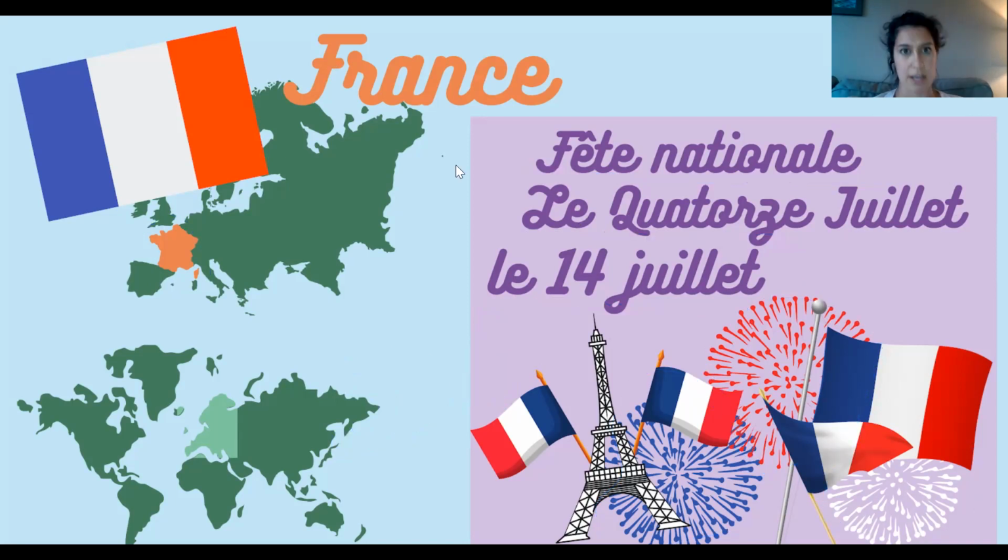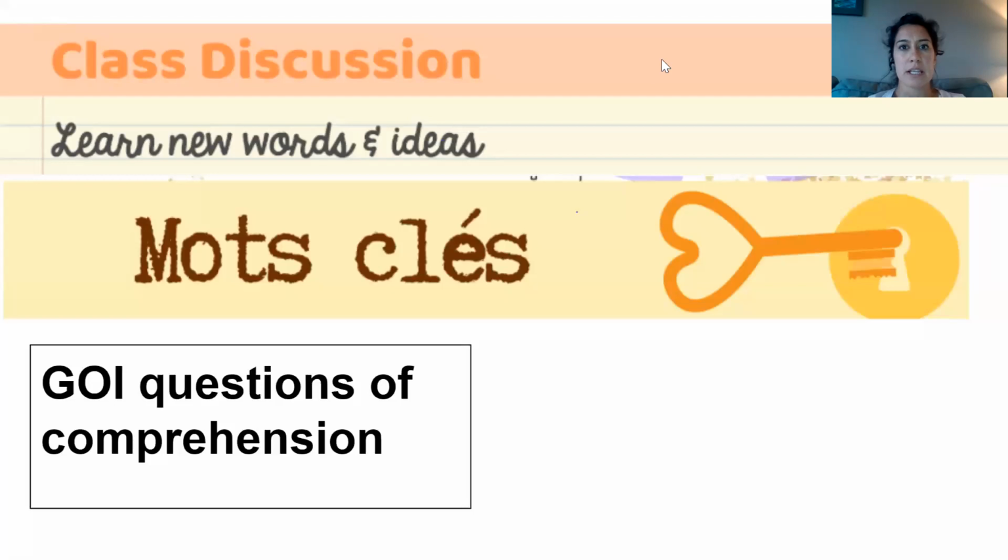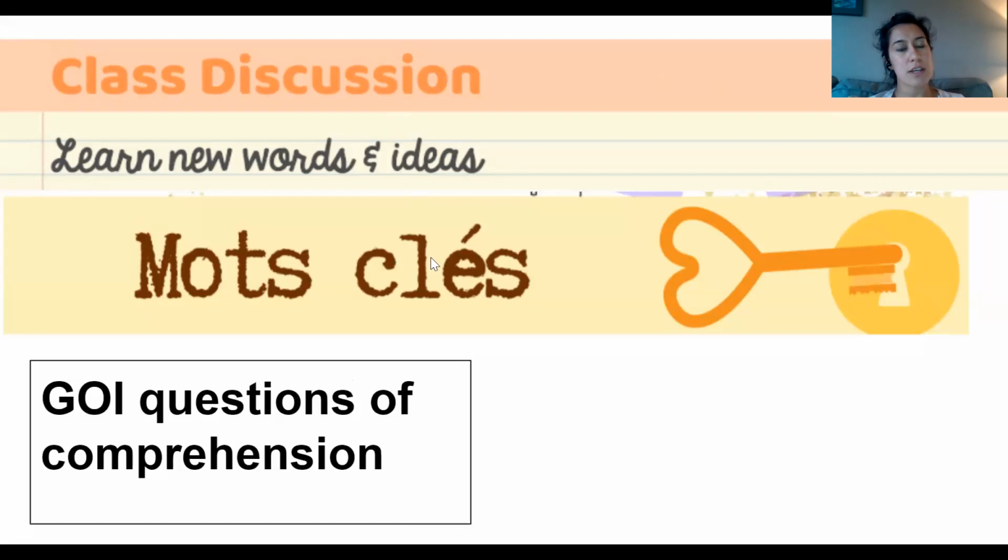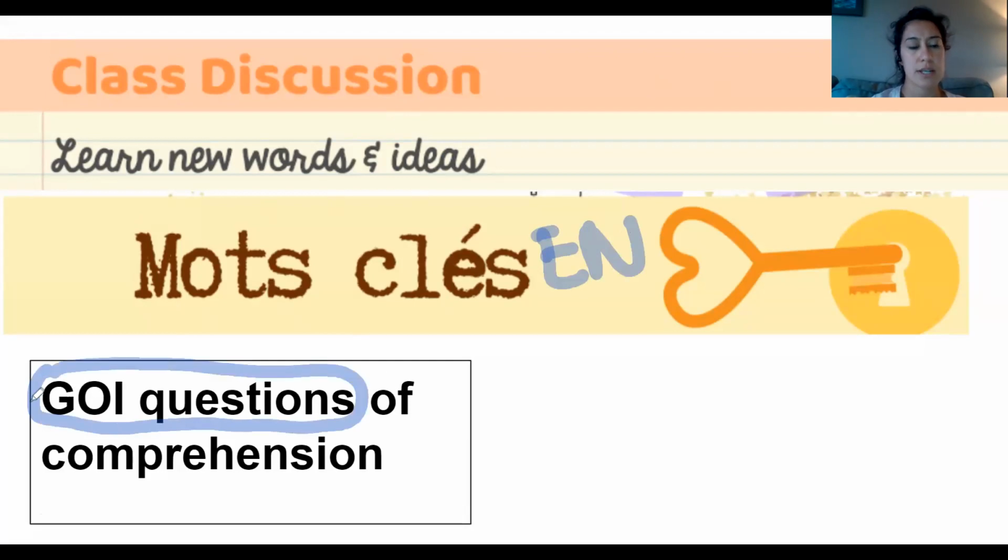Now you're going to move on from your keywords onto some final questions on your Google form to do with the discussion that we've just had. So make sure you're finishing off the keywords that you heard, and you're doing this in English. And then your questions are based on the discussion, so you can go back.